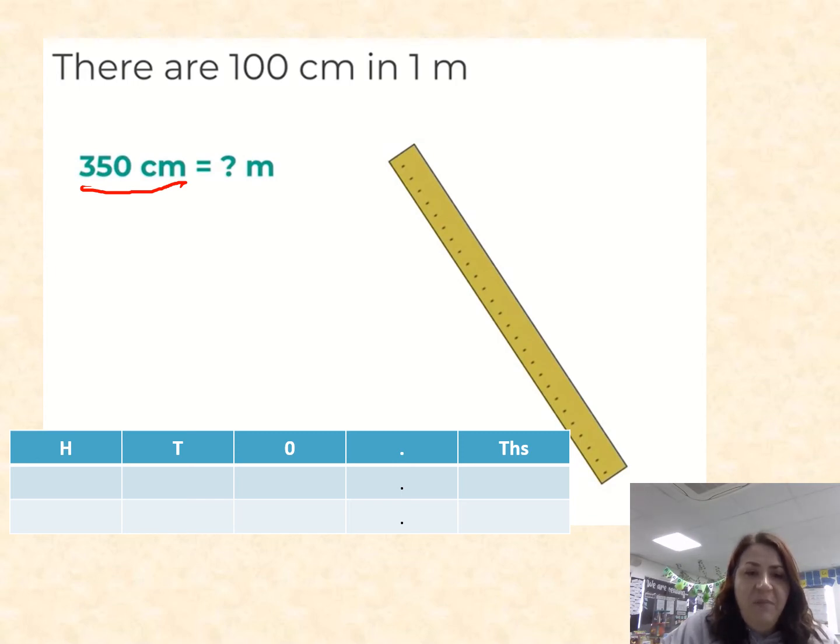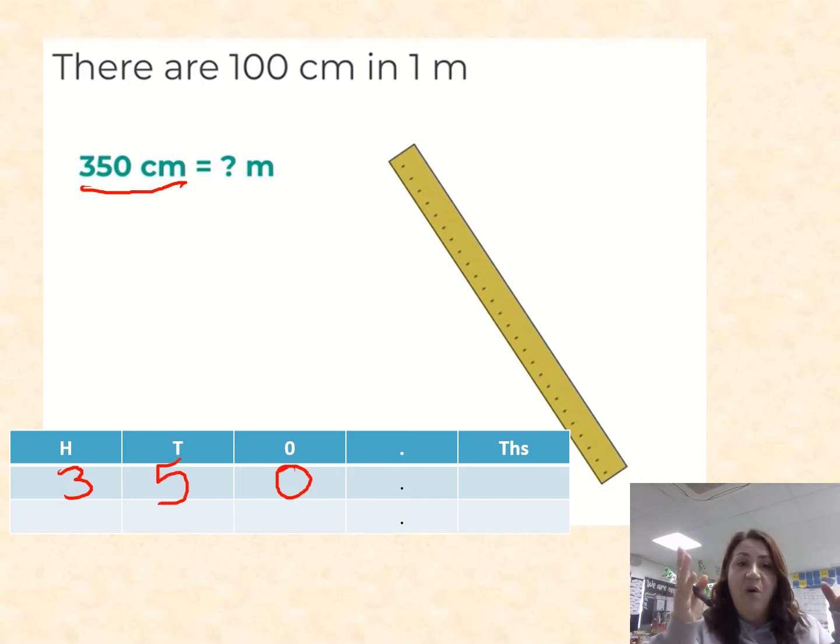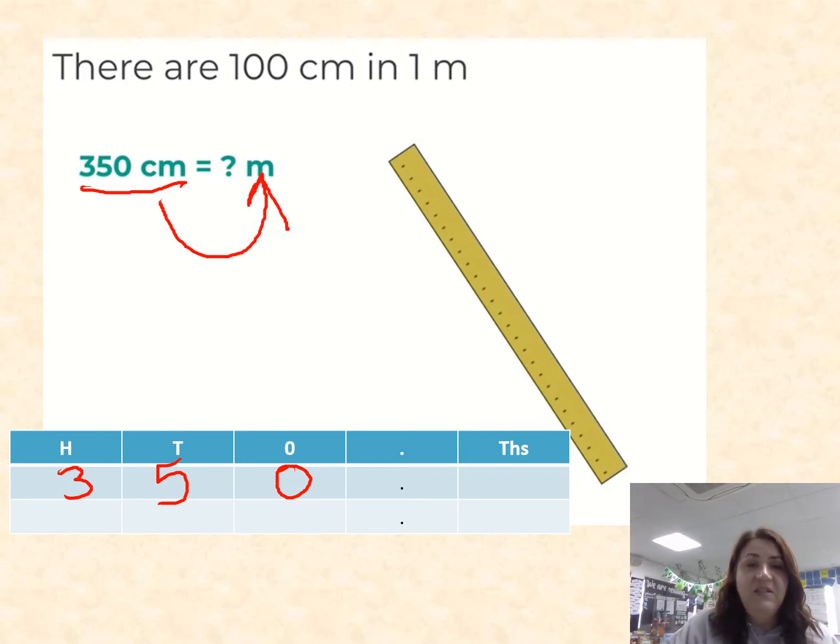Do you remember at the beginning of the lesson we talked about if we're going from a smaller unit to a bigger unit, which is what we're doing here, we're going from centimetres to metres, what do we do? Do we multiply or do we divide? We divide, don't we? So I know I'm going to be dividing.